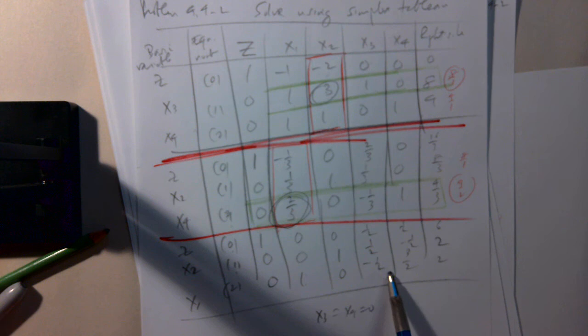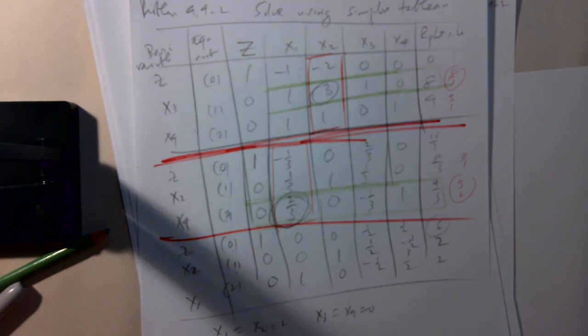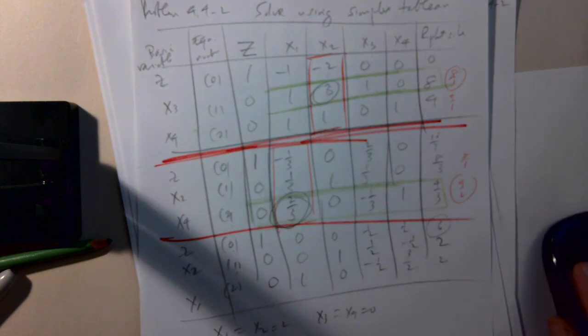When x3 and x4 are 0, x1 is 2 and x2 is 2. And the value of z is 6. So again, we get exactly what we got using the graphical method. And that's what it is. Okay, so much for those 3 homework problems.